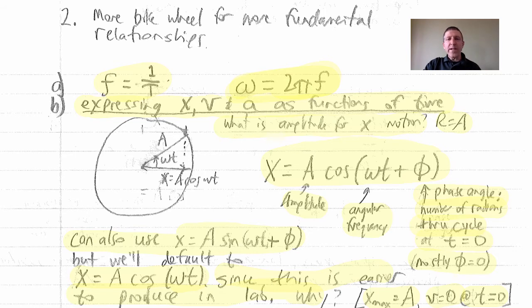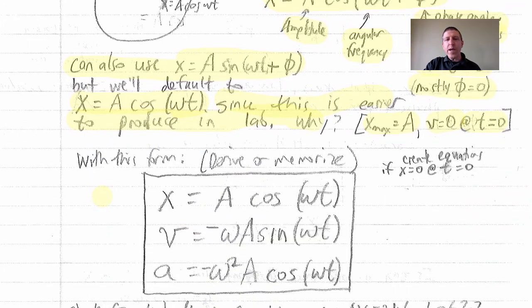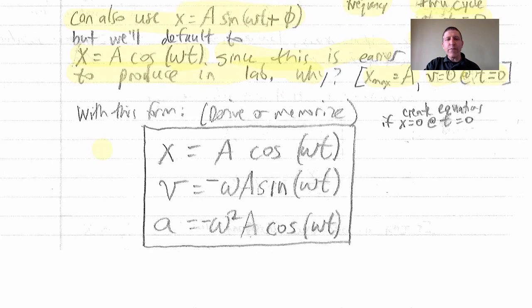Now, once we do this and we define this, this actually is our equation right here for the position of an object in simple harmonic motion. We get to either derive or memorize these equations. We want to create these equations such that x is equal to A at time equals 0.